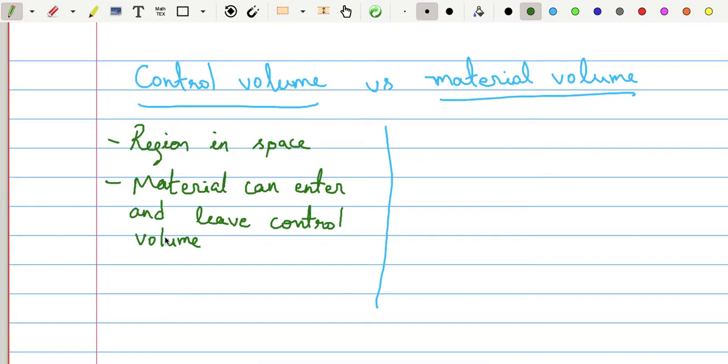Now, when we are looking at control volume, typically the volume is fixed.